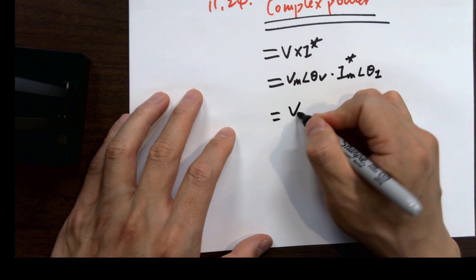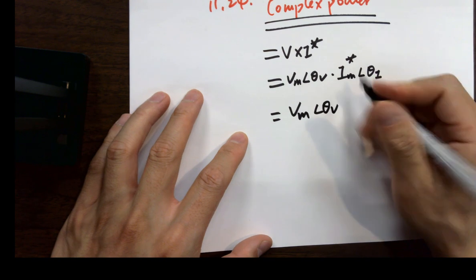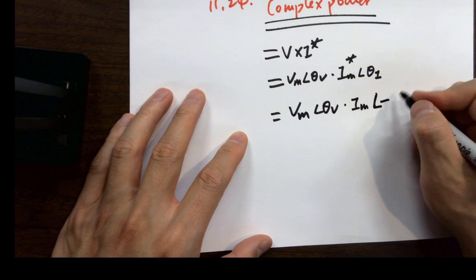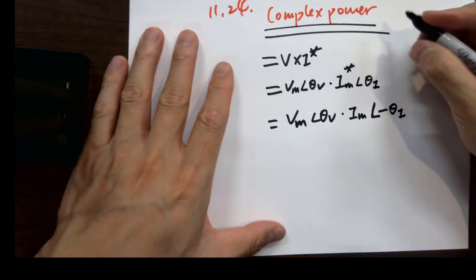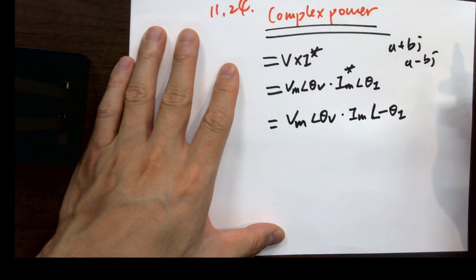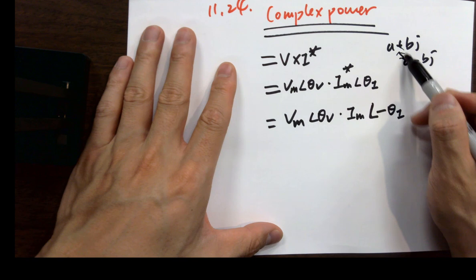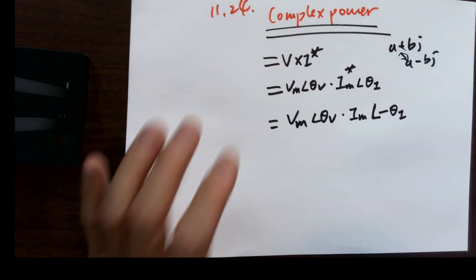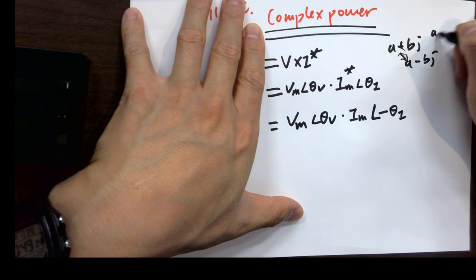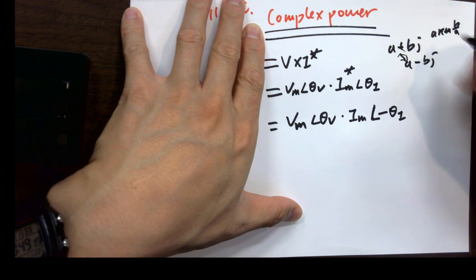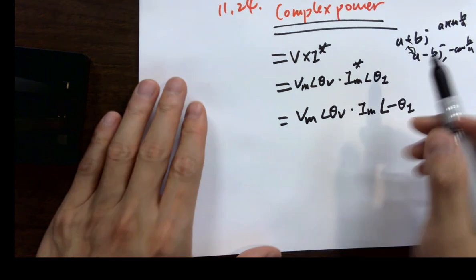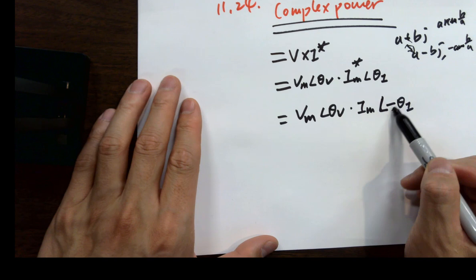So it's basically giving you VM at theta V times IM at minus theta I. Why? Because A plus BJ conjugate is A minus BJ, right? So their angles are inverse from each other. So this angle is arc tangent B over A, and this is minus arc tangent B over A. You know what I mean? So by doing a conjugate, you are able to add a minus sign in front of it.